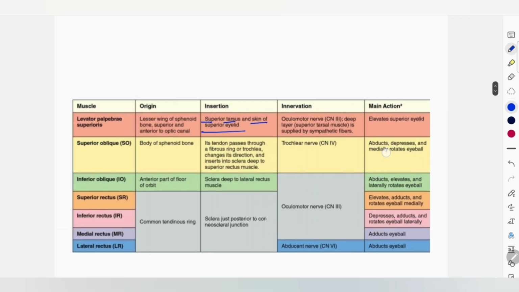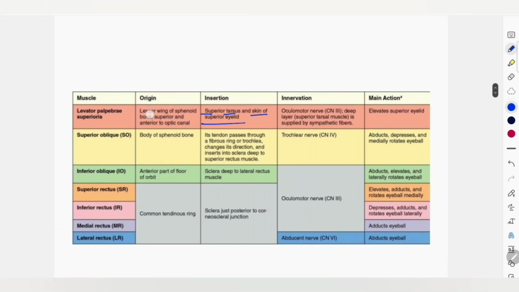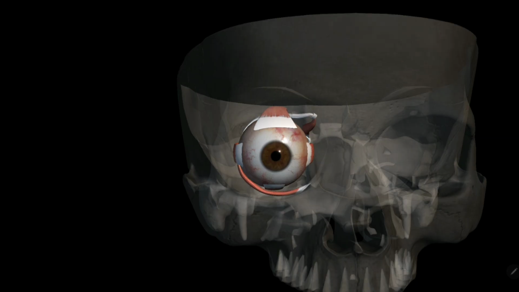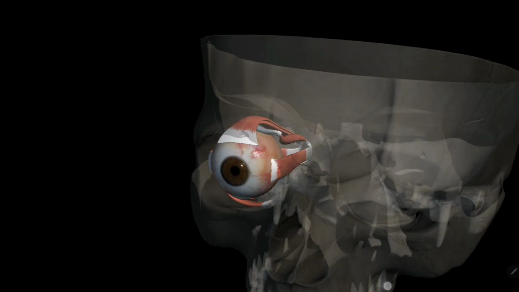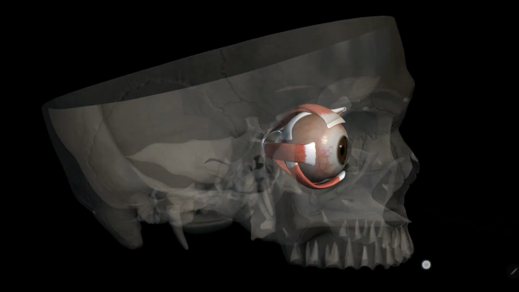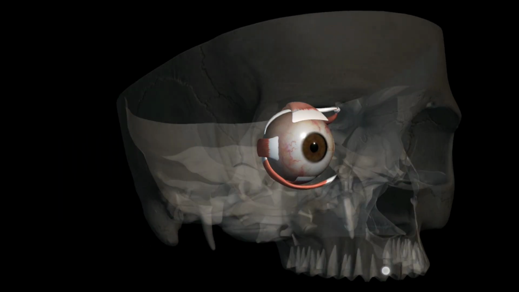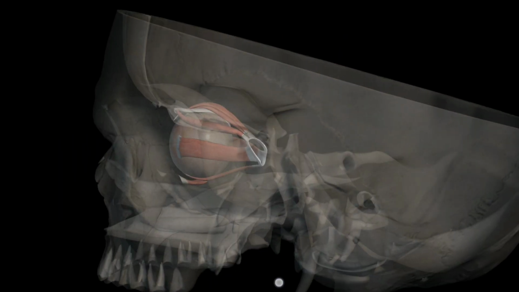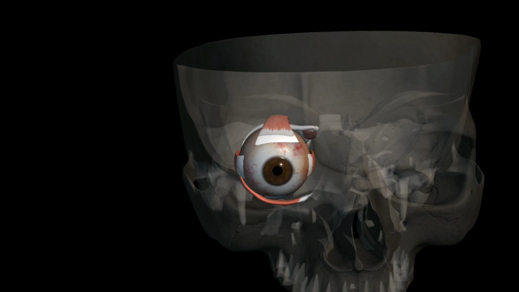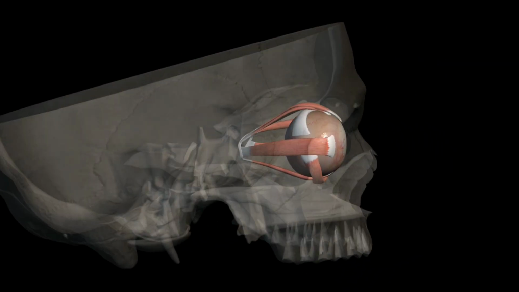So for the origin, we have seen that it is the lesser wing of sphenoid bone, and the insertion is on the superior tarsus and skin of superior eyelid. In this, you can see the origin and insertion of levator palpebrae superioris. From the video also you can see where it is getting inserted and where it is originating.